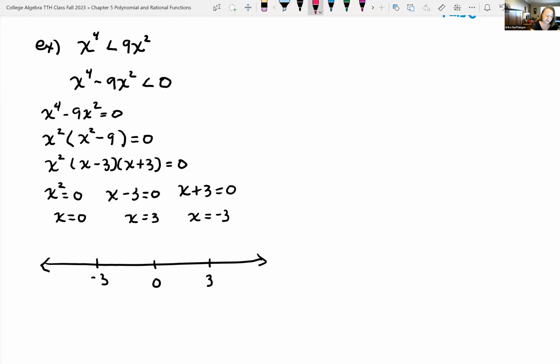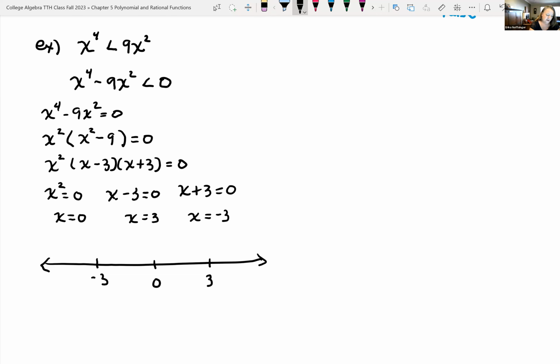If I look at how many intervals I have in between my critical numbers, or on the other side of them, just count them: 1, 2, 3, 4. So I have 4 separate intervals that I need to test to see if they make my inequality true or false. When I did that last problem, I plugged back into my original function.